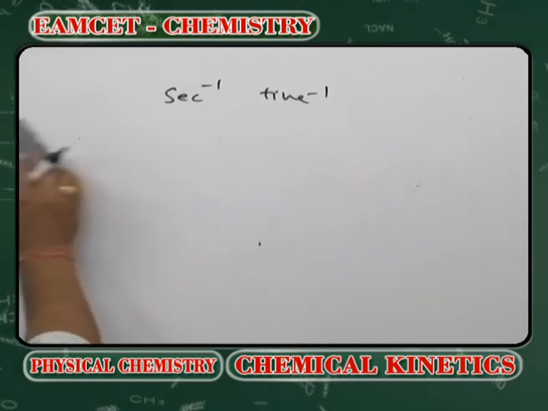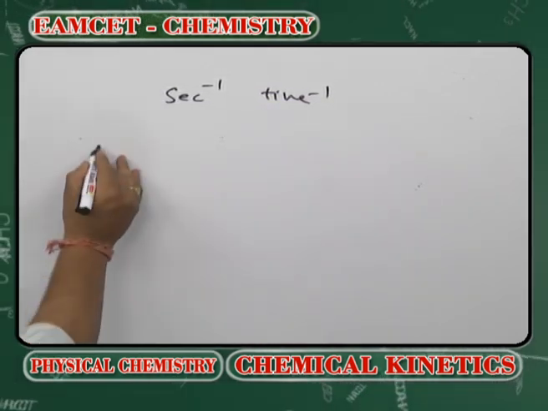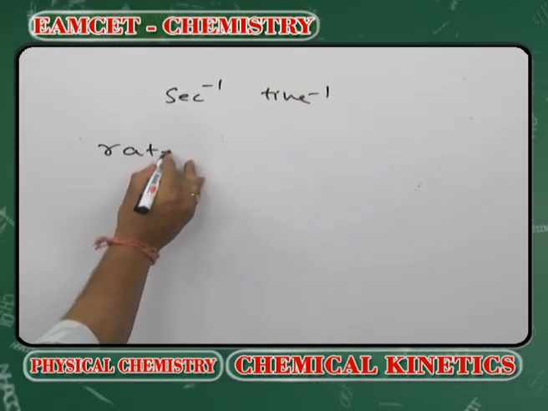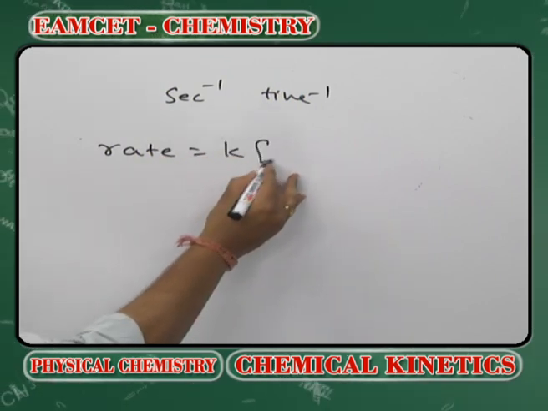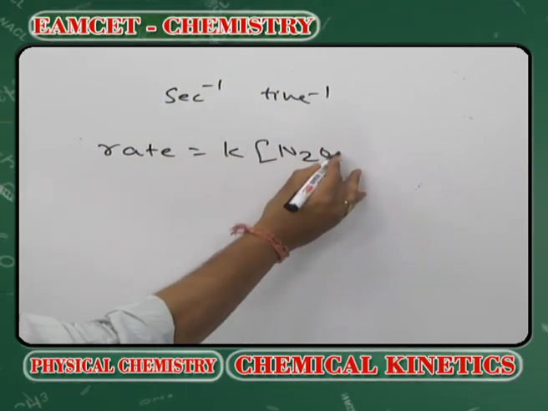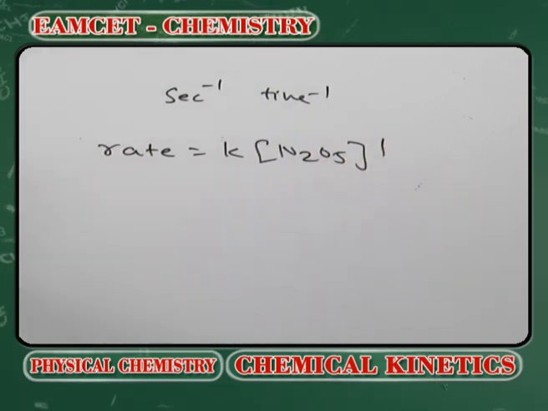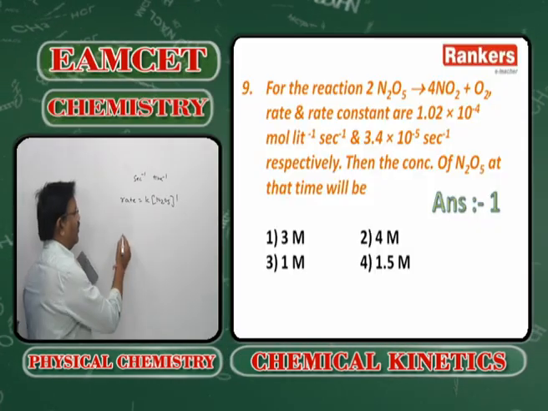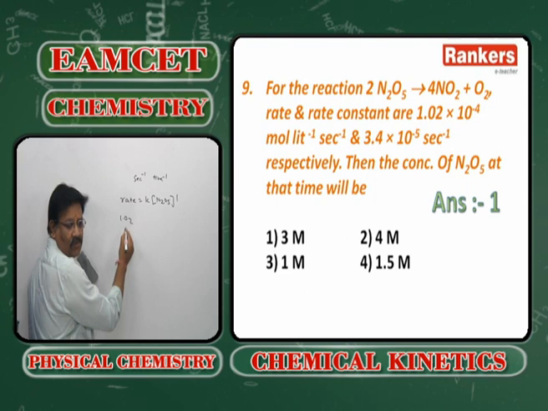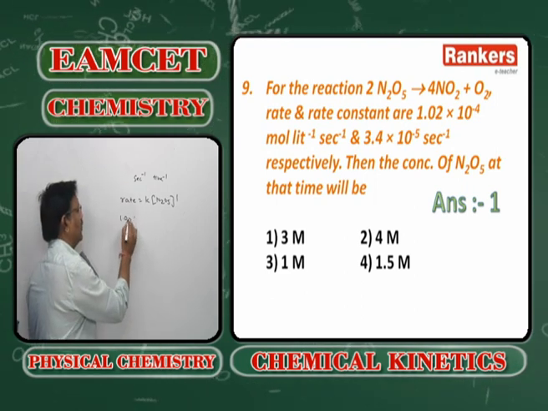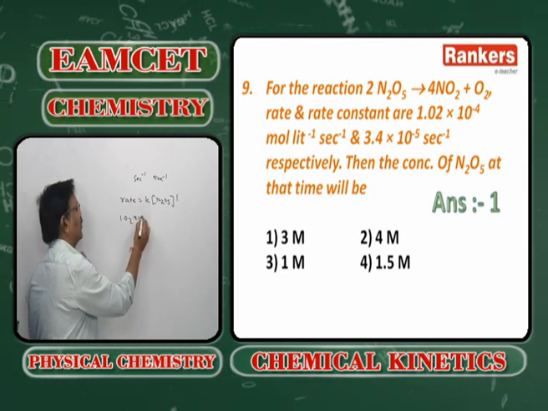Now, what will be the rate expression? Rate is equal to k into [N2O5] to the power of 1. The rate is 1.02 into 10 to the power of minus 4.